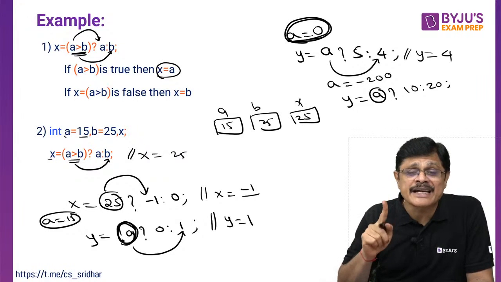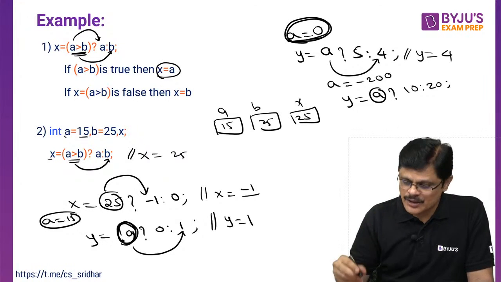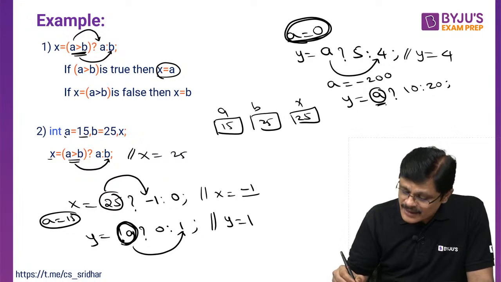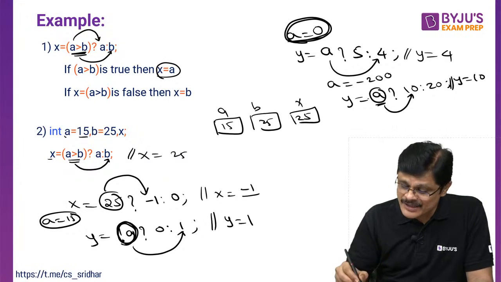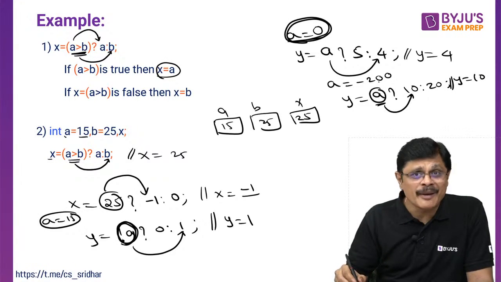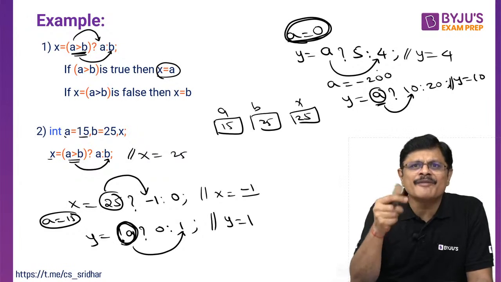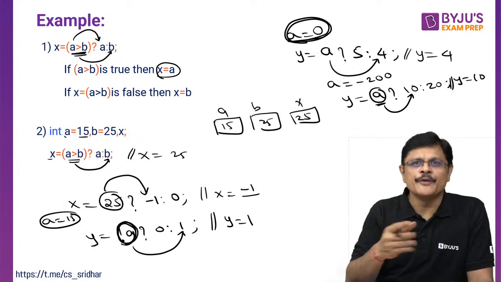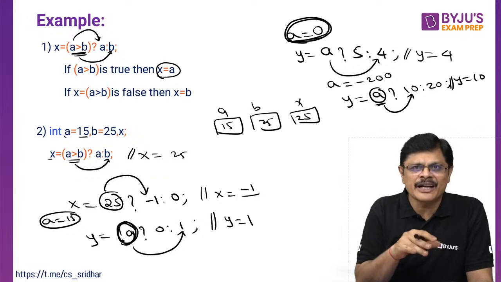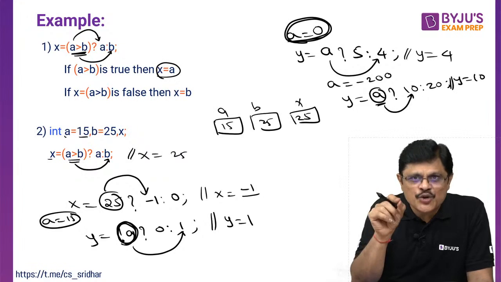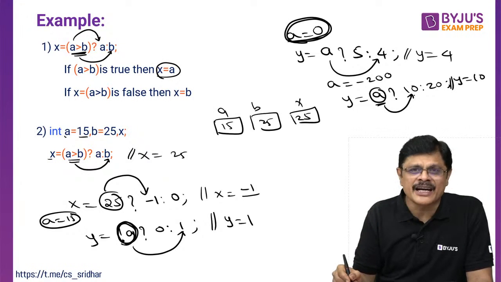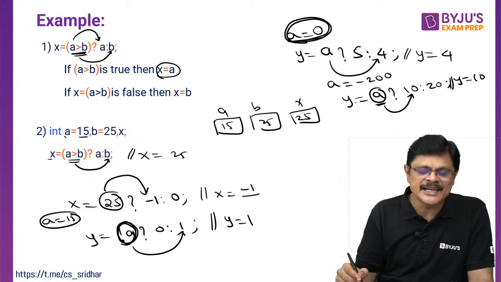So this is true. Therefore, 10 is assigned. Y will be 10 because it is non-zero. Minus 200 is non-zero, so it is true. If you simply put a non-zero variable, it is true. If you compare, you get the comparison answer. But if it is a simple non-zero variable, it is evaluated as true. True means the first expression is assigned to y.